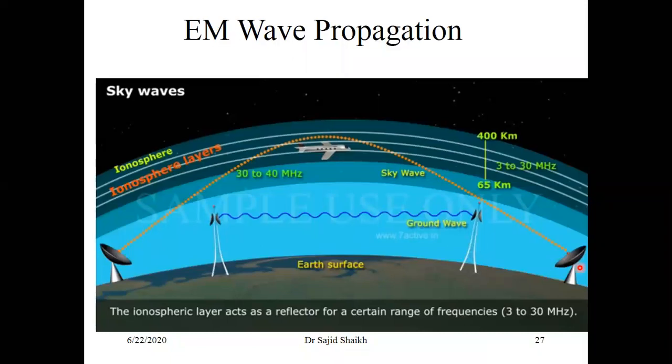Now these ionospheric layers have one more important property: they have different properties during day hours and night hours. During the day we have the sun, and because of ultraviolet light coming from the sun, the reflection property of the ionospheric layer changes.